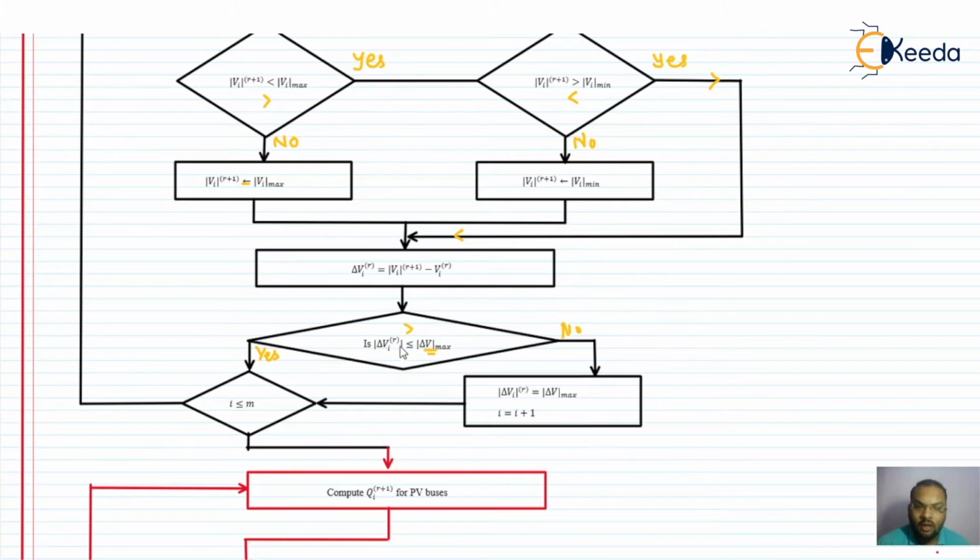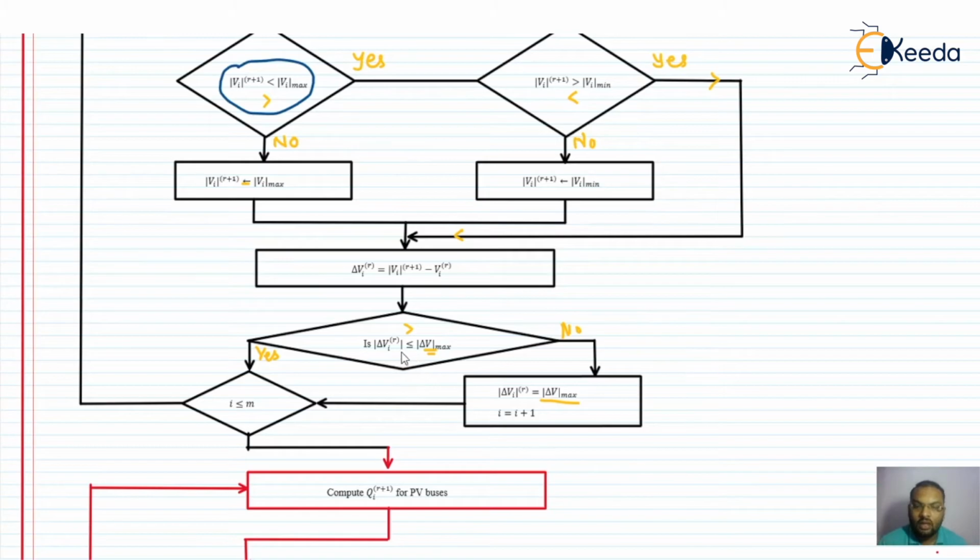First let us see if it is no, that is, if the difference between the voltage is greater than the specified value, then in that case what we have to do is assign that difference as the specified value, as we did here. What we did here: if the voltage is greater than the maximum value, then we assign that voltage to be the maximum value.